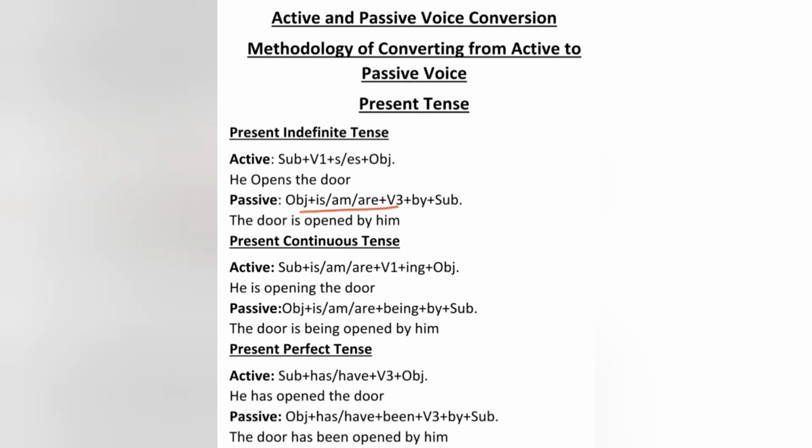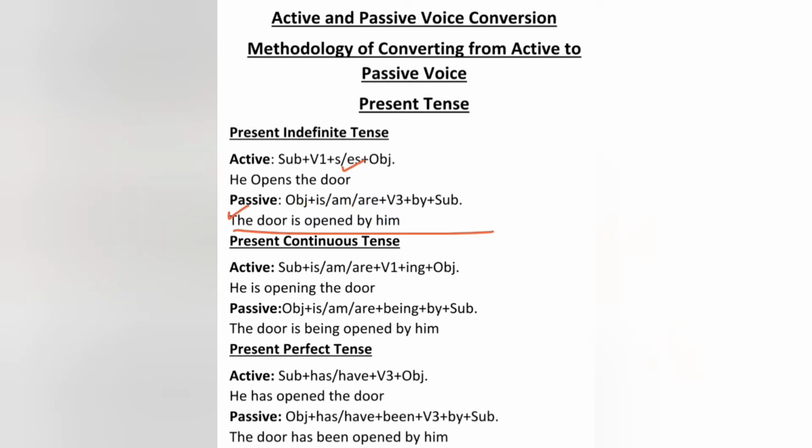And is, am, are are used as auxiliaries, and as we already discussed, we use V3, the third form of verb, in these passive sentences, and we use an additional by before the subject when we end the sentence. For example, the door is opened by him. The door was the object and now it has become the subject. Is is the auxiliary, opened is the third form of verb, and additional by is followed by the subject.